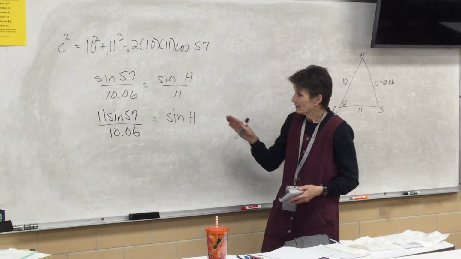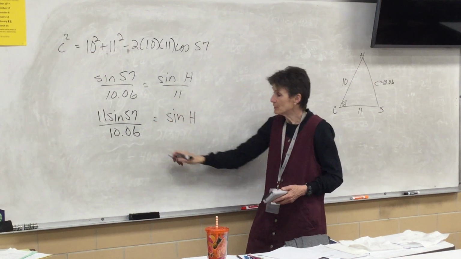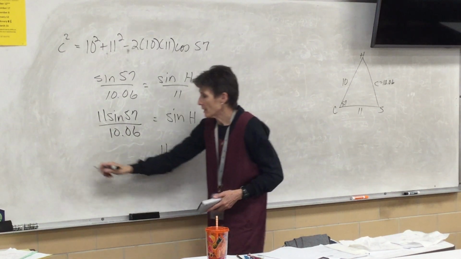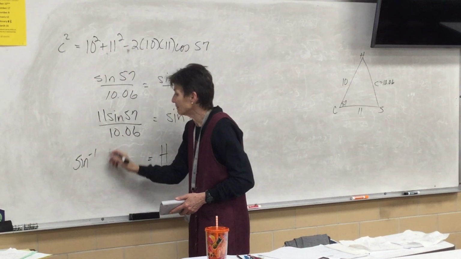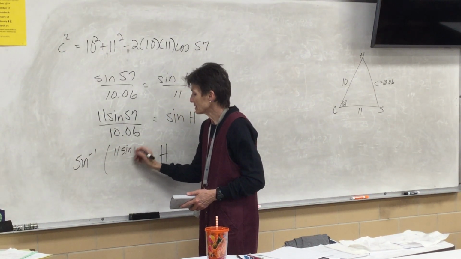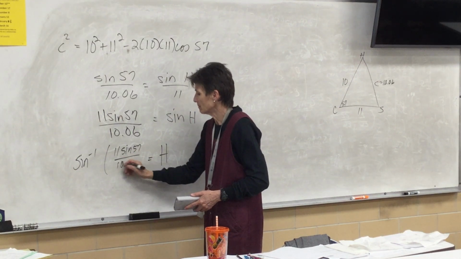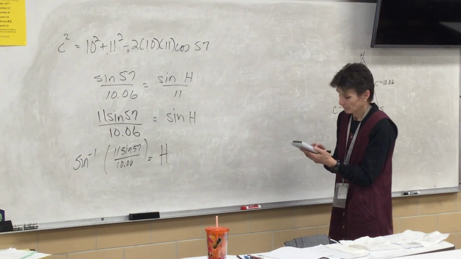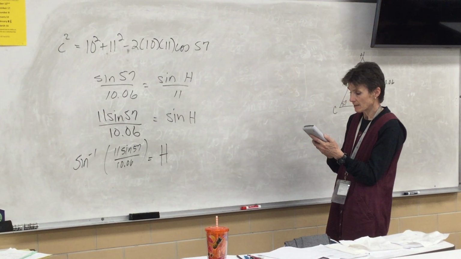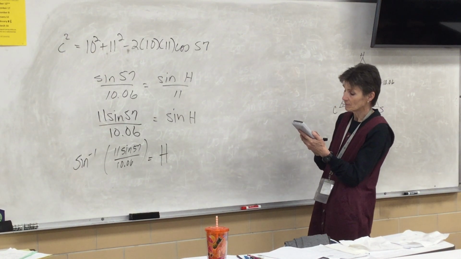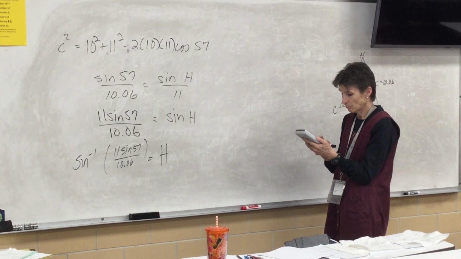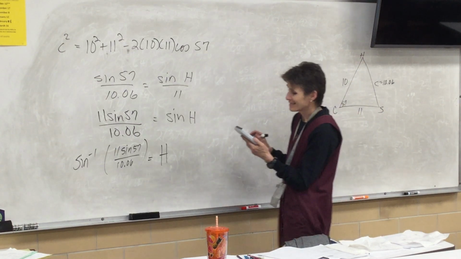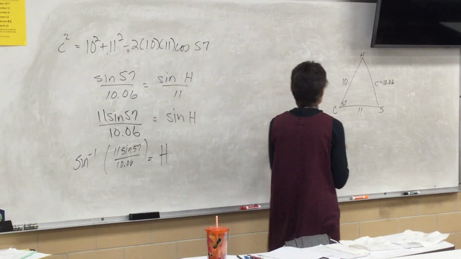So remember, this is not the answer. You need H. So H will be second sine, or inverse sine, of 11 sine 57 over 10.06. So second sine, 11 sine 57, remember to close parentheses after the 57, divided by 10.06, gives 66.5.